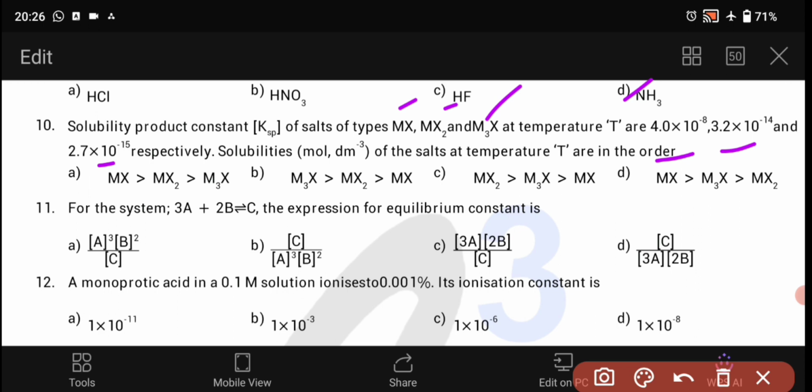So the question is, the solubilities in mole per decimeter cube of these salts at temperature T are in which order? So for this question we need to solve solubility from KSP.